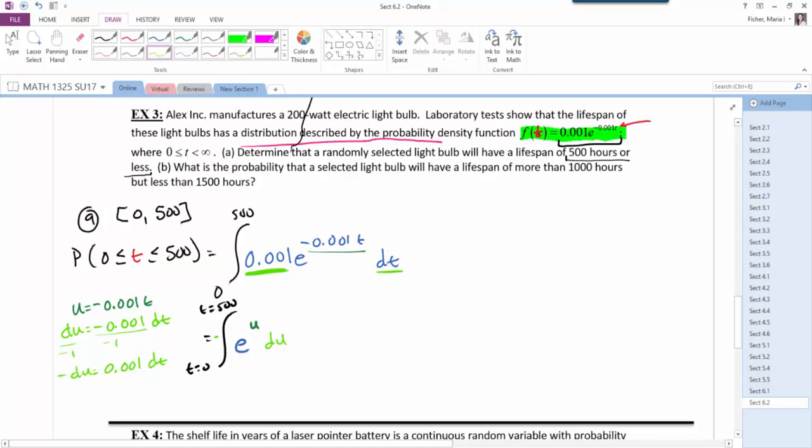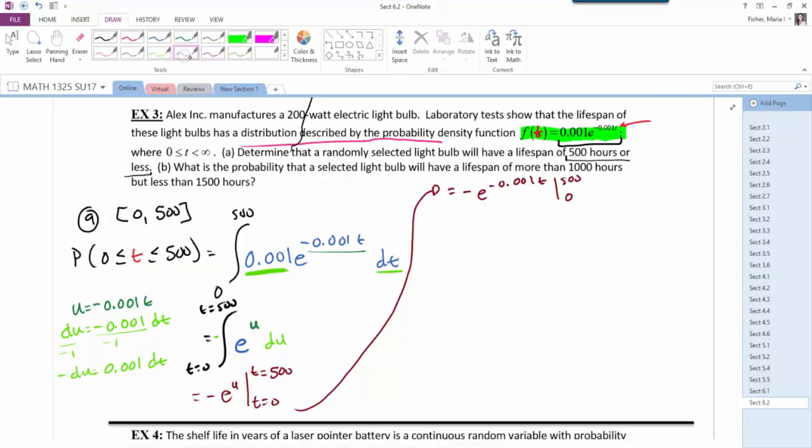Well, I know how to integrate that. That's just going to equal the negative of e to the u evaluated from t equals 0 to t equals 500. We're going to plug that back into t's and then put in our upper and lower limits of integration. So you're looking at negative e to the negative 0.001 t, evaluated from 0 to 500.